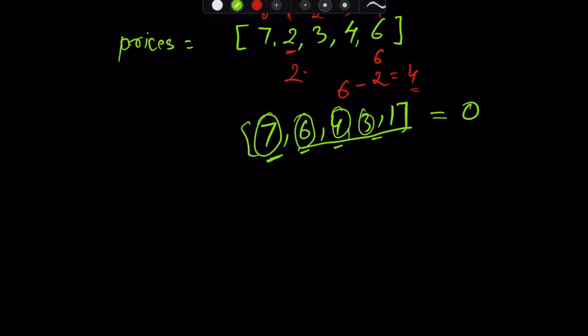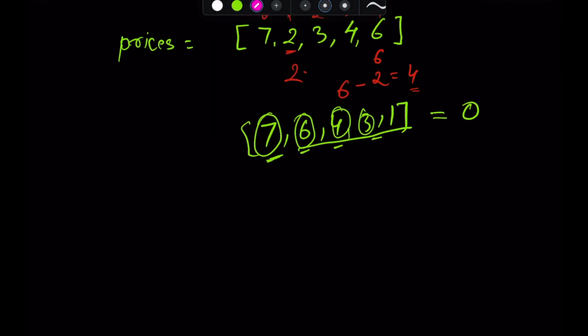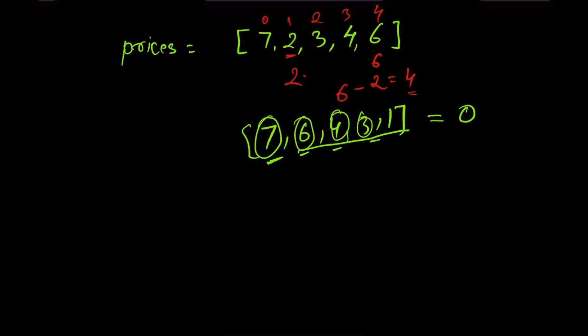So how will we solve this problem? This problem is common and you can find it on Leetcode, tagged as easy. If you don't know the trick to solve this, you might end up using brute force or some other approach which is not efficient. So let's talk about it.